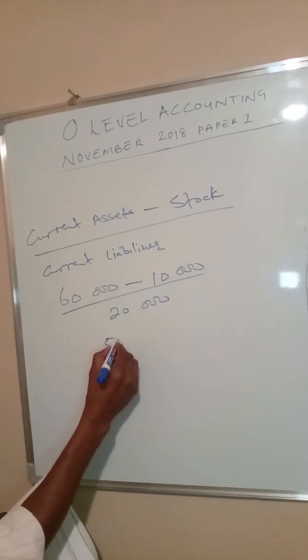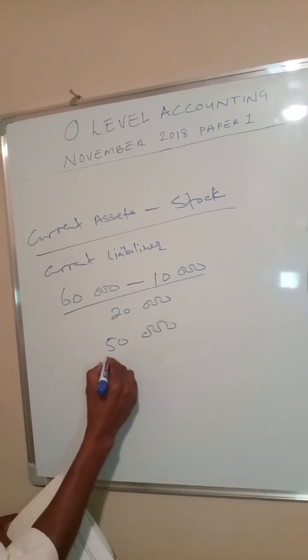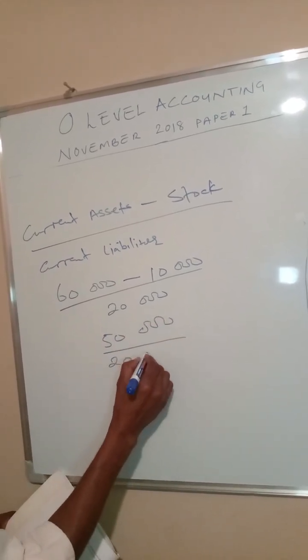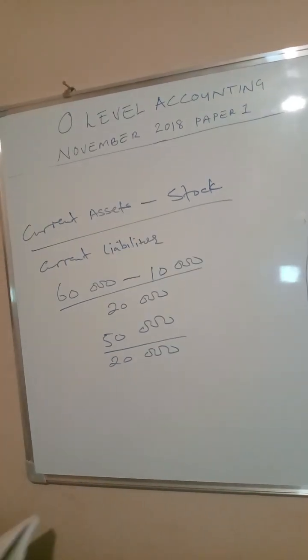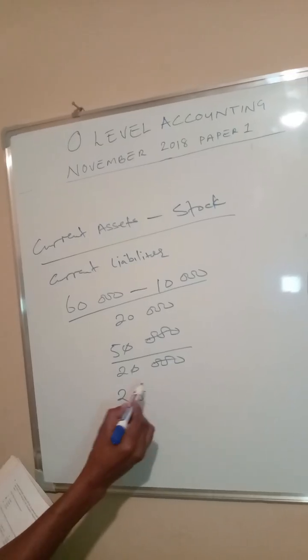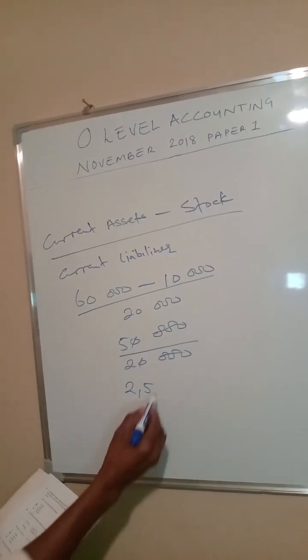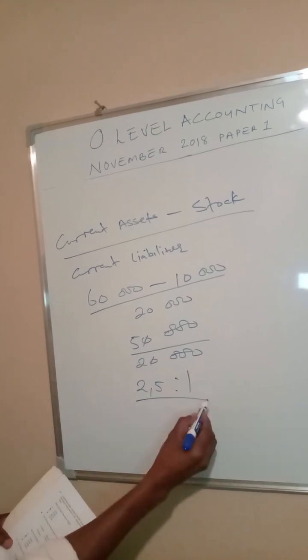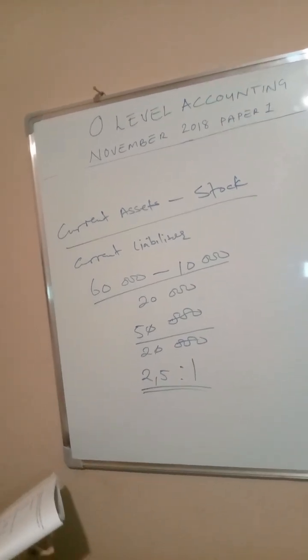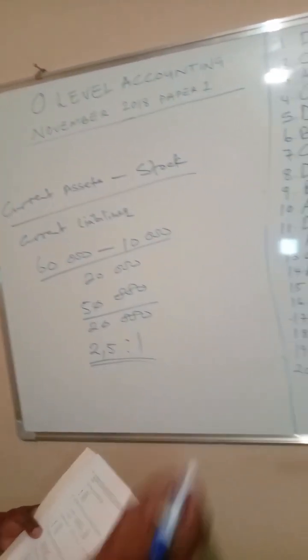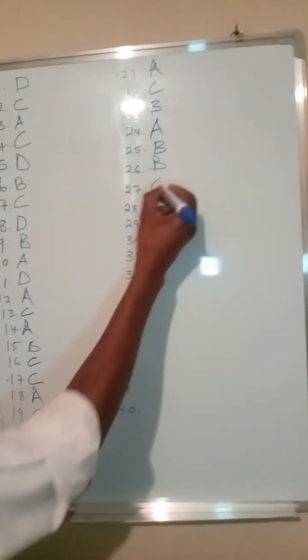That's 50,000 divided by 20,000. We have 2.5 is to 1. So the correct answer there is C, number 27.